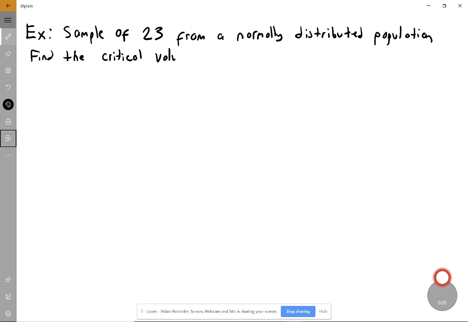Find the critical value t alpha over 2 for a confidence level of 95%.